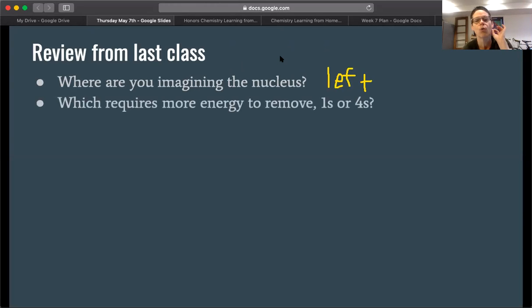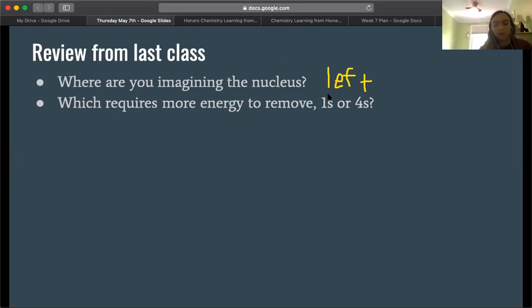So which of those two things is going to require more energy to remove: an electron from 1s or an electron from 4s? 1s. Yes. Why?